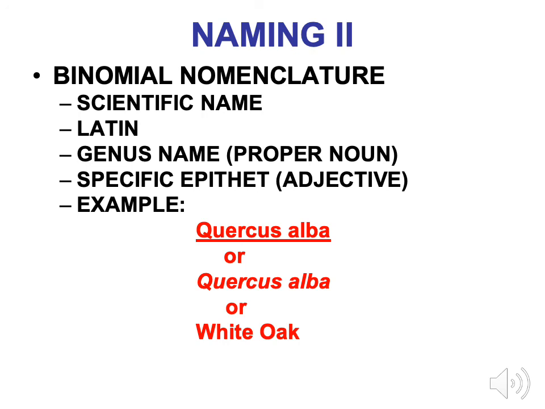And so when you're reading a scientific name in text, it is set apart from the surrounding text by virtue of the fact that it is either A, underlined, or B, italicized. And in communicating scientifically, the scientific name or the species name is the preferred method of referring to that plant or animal.